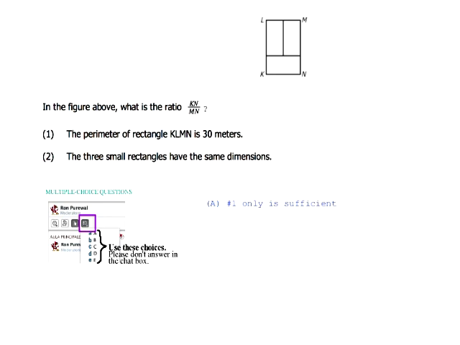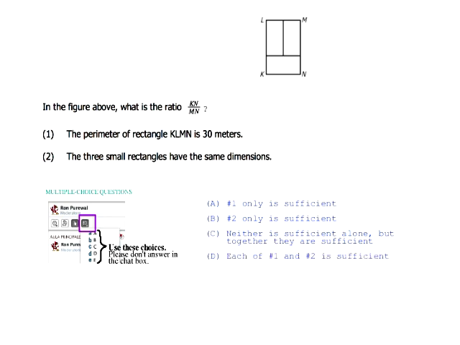B, number 2 only is sufficient. C, neither is sufficient alone, but together they are sufficient. D, each of number 1, number 2 is sufficient alone. Okay, go for it.